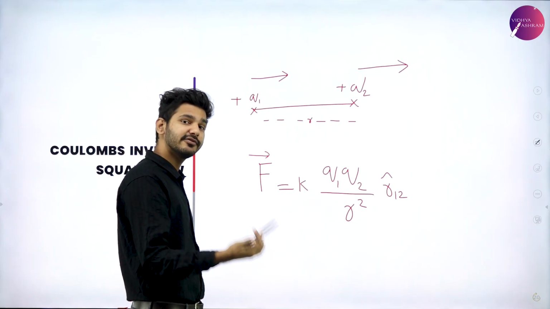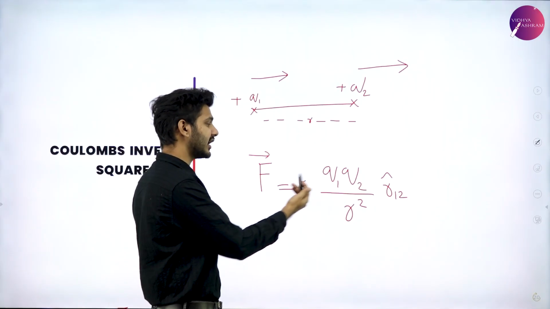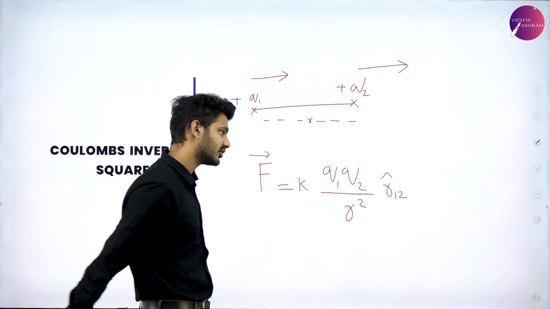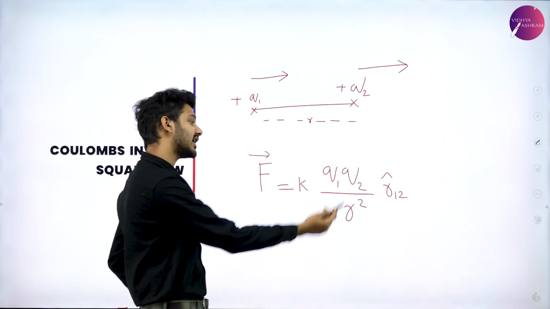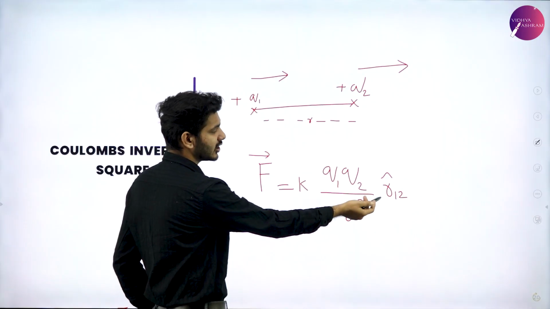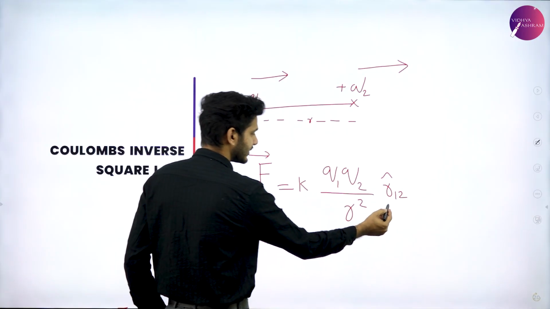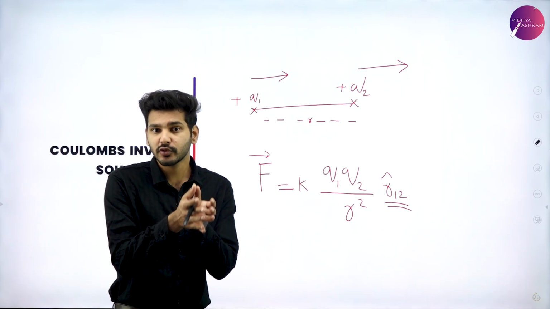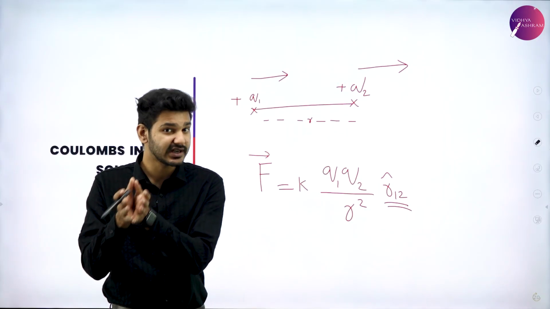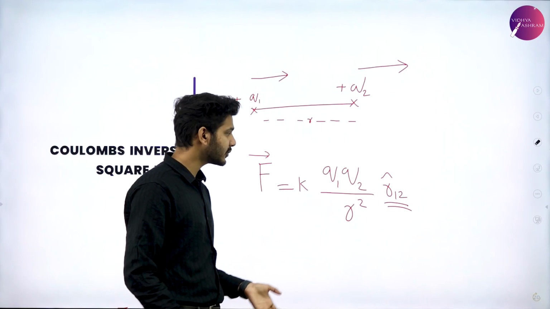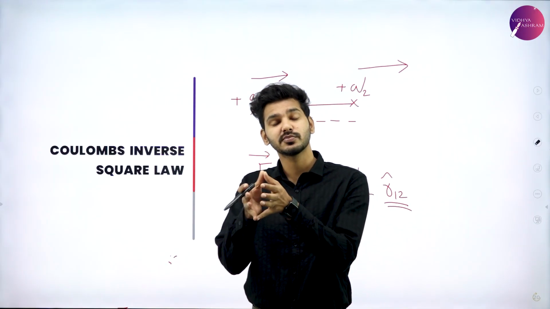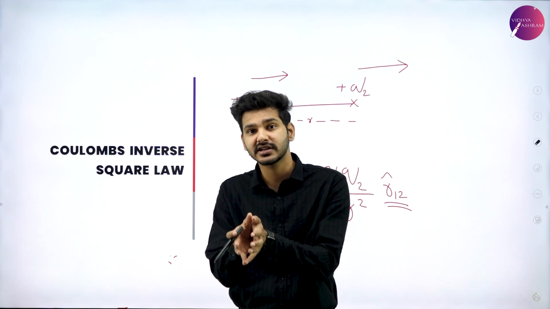They were exerting a force on each other, and the force will be directly proportional to the product of their charges, inversely proportional to the square of the distance between them, and the direction will be denoted by a unit vector which is represented here. And now we also have to explain which force is experienced by which particle.